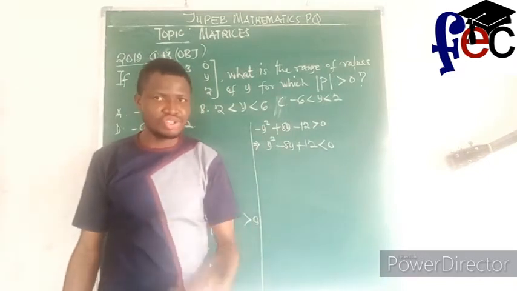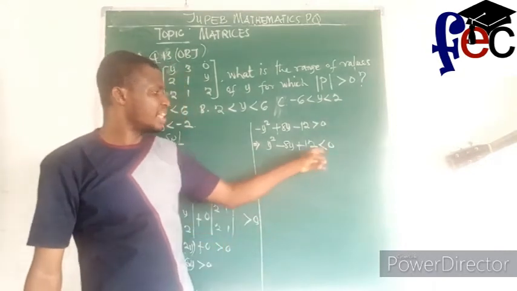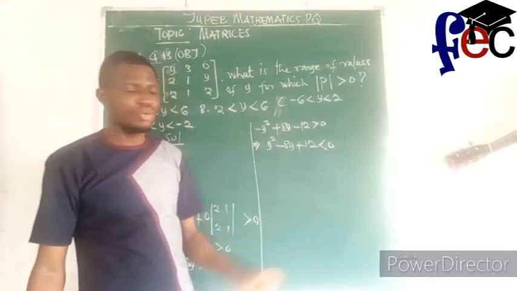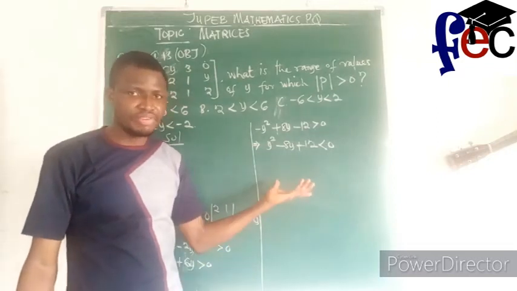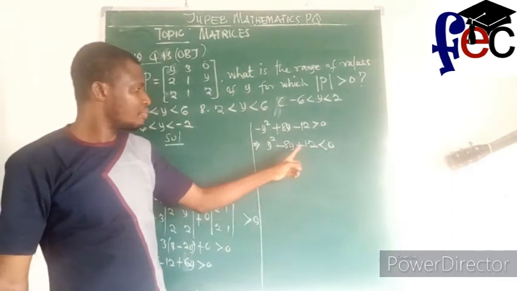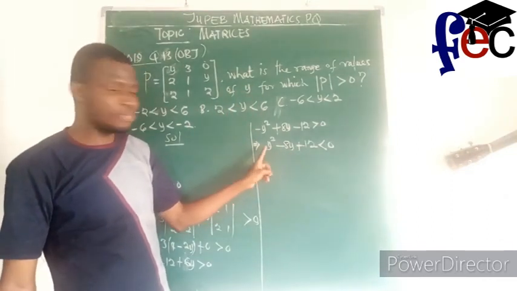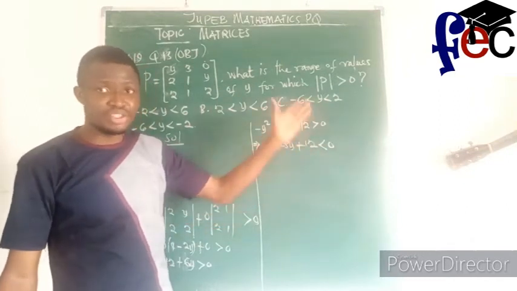Alright, let me just show you the shortcut, but we'll now solve it step by step. Now, imagine that this thing is equal to 0. What do you think will be the solution of this quadratic equation? You know we have to find factors. So we think of two factors of plus 12y squared. You know you are multiplying the first term and the last term together. Once you do that, you get plus 12y squared.